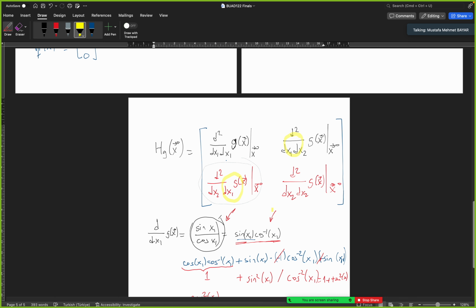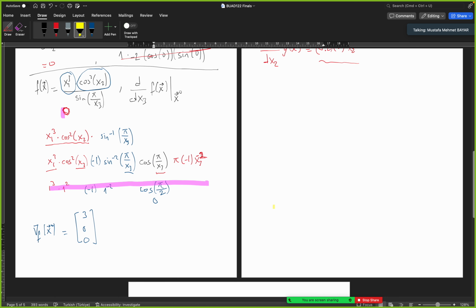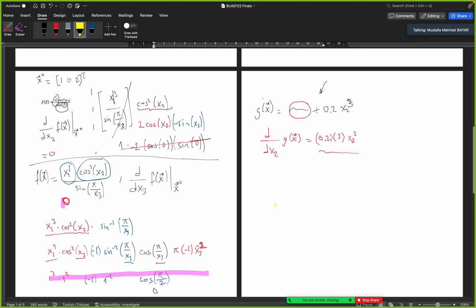Then my next job is differentiating with respect to x1 again and x2 again for both functions. This was what I had originally. d over dx1 of g was equal to 1 plus tan squared of x1. And d over dx2 of g was equal to 0.6 times x2 squared.